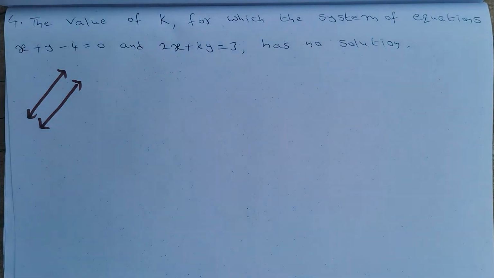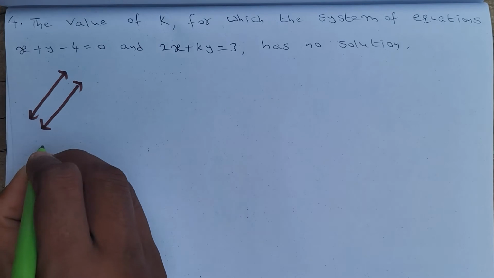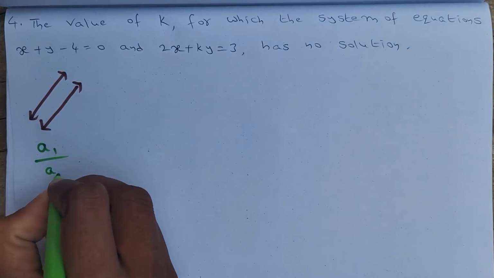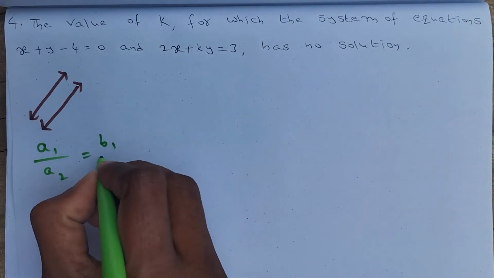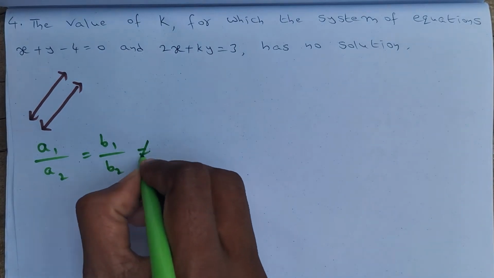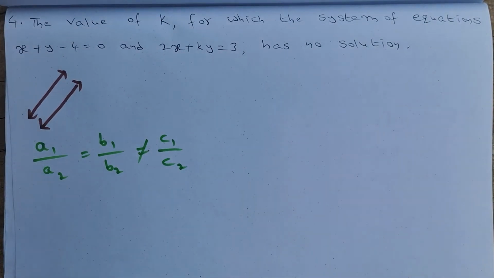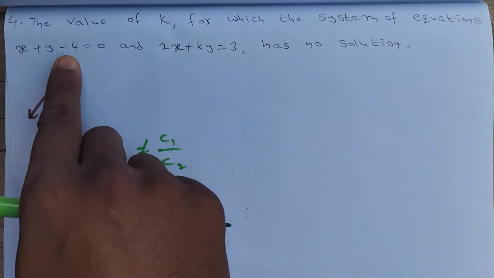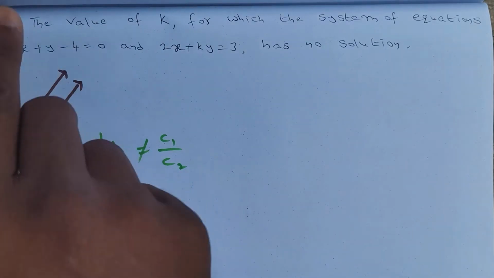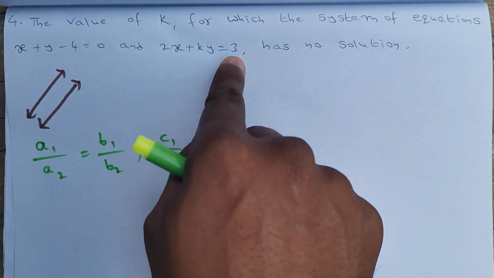So what is the condition for parallel lines? A1 by A2 equal to B1 by B2 not equal to C1 by C2. This is the condition which satisfies the parallel lines, or else no solution. Okay, now here in the first equation constant is on the left side, here constant is on the right side.